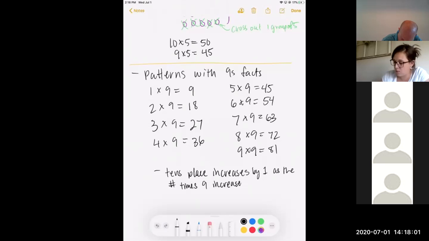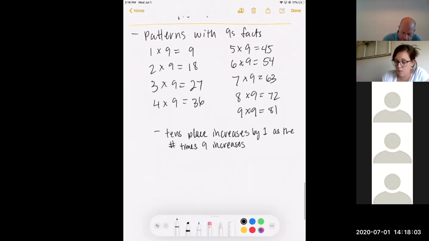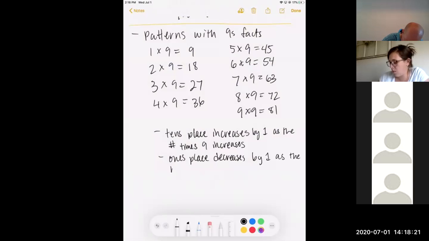Okay, and then you also said that the ones place decreases, right? Yeah. Ones place decreases by 1 as the number times 9 increases. Okay, great. What other patterns do we notice?